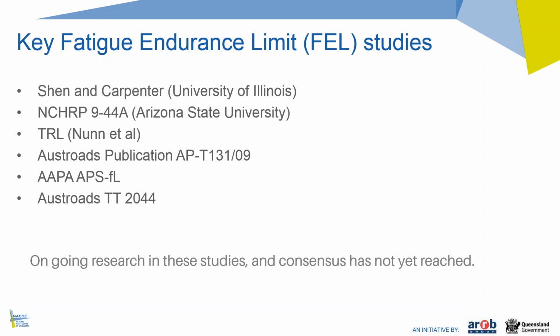And lastly, there's an ongoing Austroads project, TT2044, and one of the areas this project looks into is a review of the current APA method, and also the options that we can use to implement this fatigue endurance limit into the next Austroads Guide to Pavement Technology.